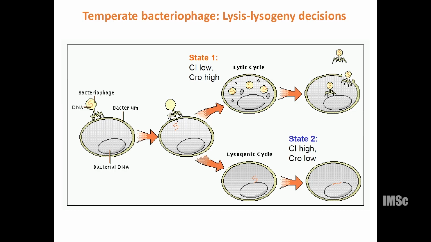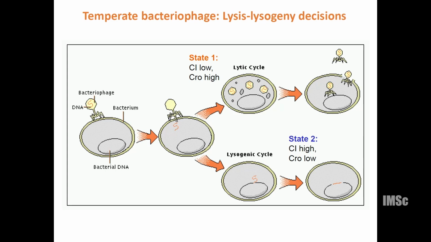So C1 and CRO, what exactly are they? They are viral proteins produced by genes that are encoded on the viral genome. They are not bacterial proteins. So once the viral genome goes in, it uses the bacterial machinery to start expressing these genes.